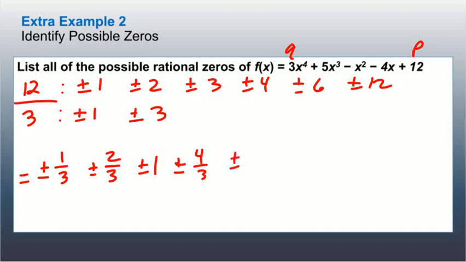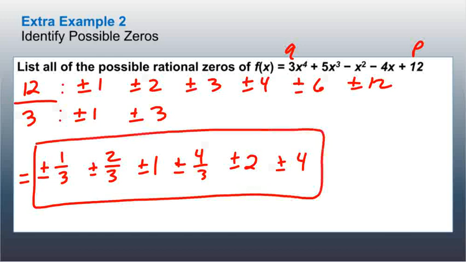We have positive and negative 2, because 6 divided by 3 is 2. We have positive and negative 4, because 12 divided by 3 is 4. Let's see, we have 2, we have 4/3, 3. So those would be all the possible solutions we have.